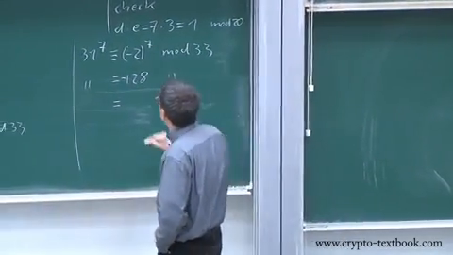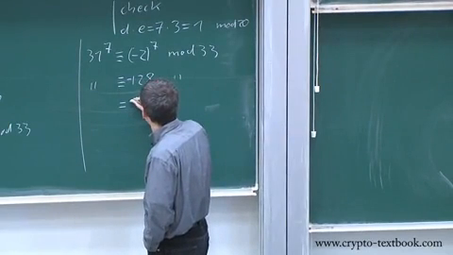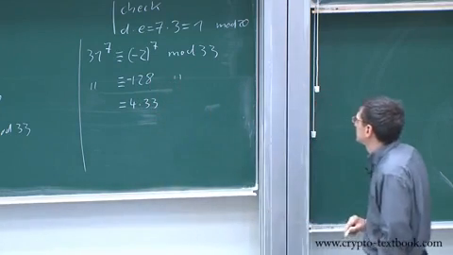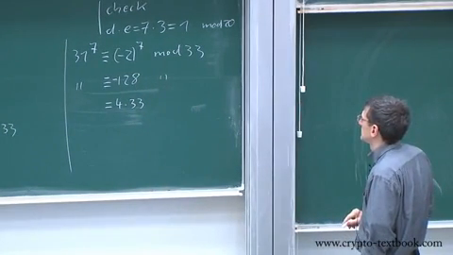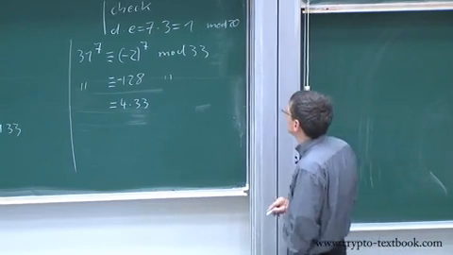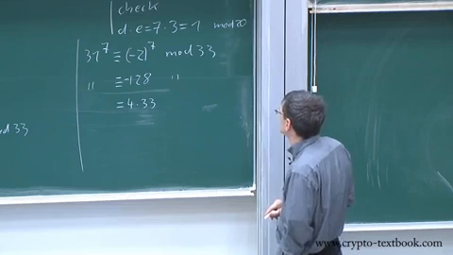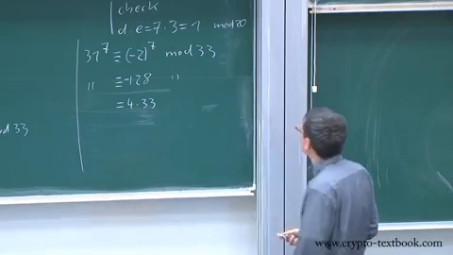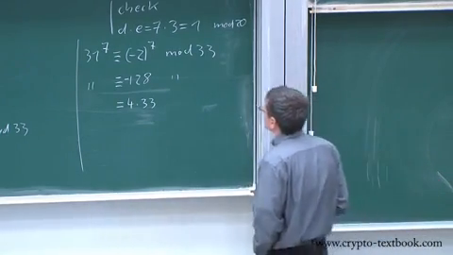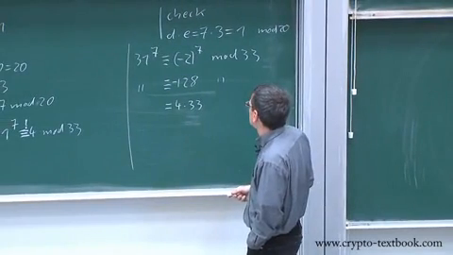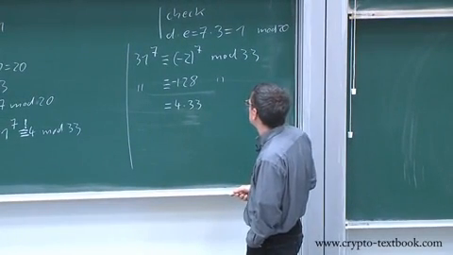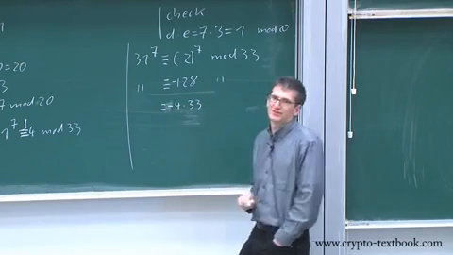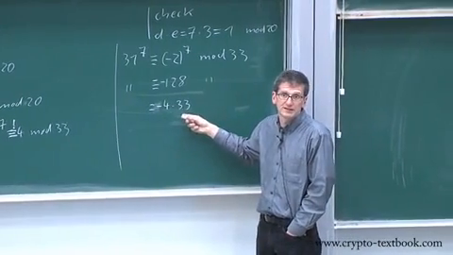Because this is now four times 33 is 132. What am I doing wrong here? Das ist 132, aber dann kommt der... it's minus 4 times, this is minus 132, right?